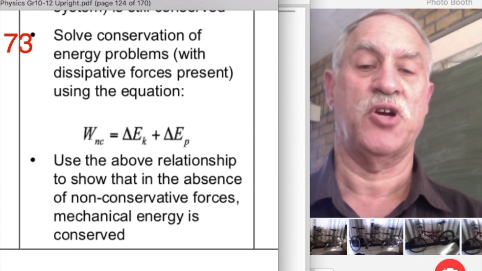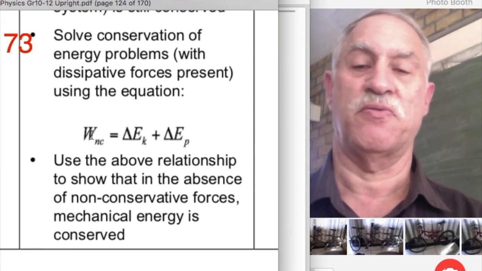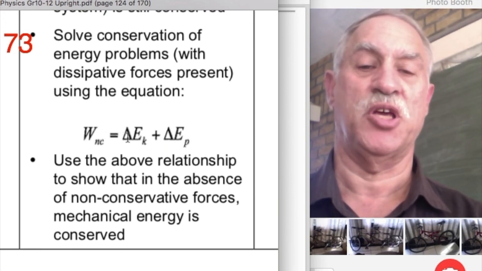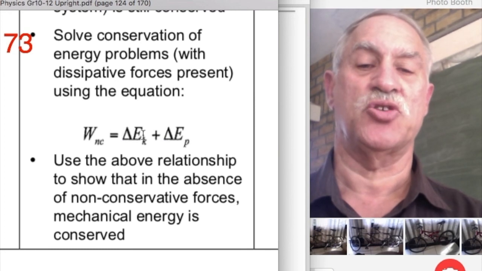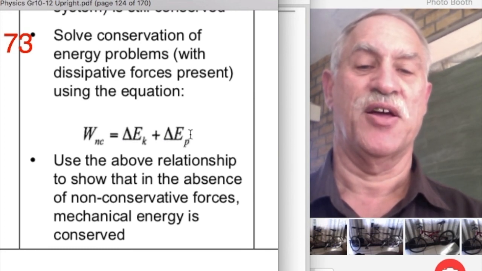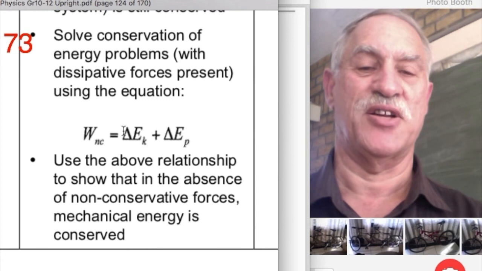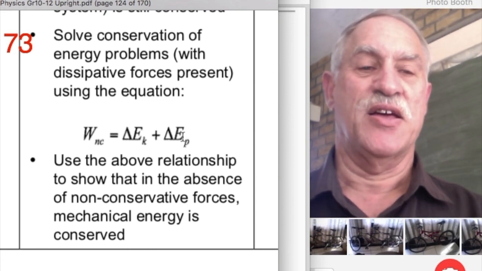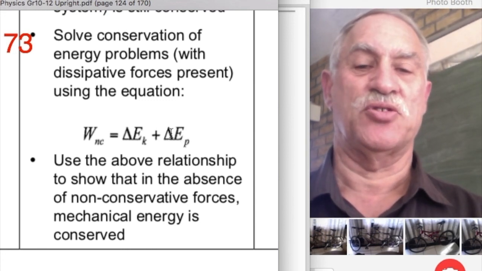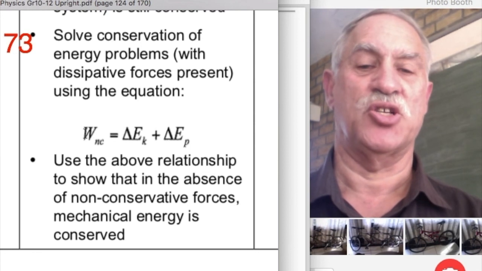Here, the amount of work lost due to friction would be equal to the change of kinetic and potential energy. So it's not that hard to understand that some of our mechanical energy, those two, gets changed into heat energy or non-conservative work. Just know that formula.